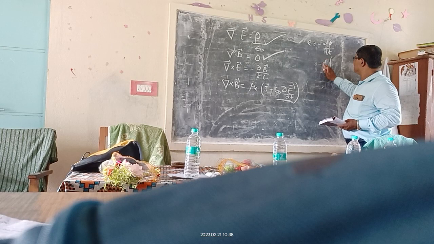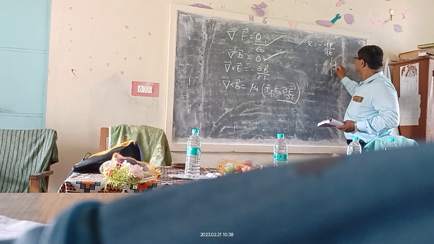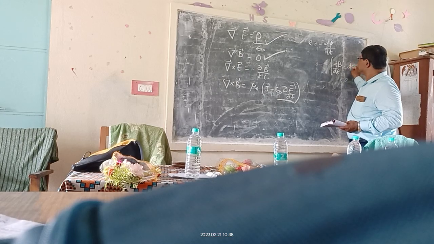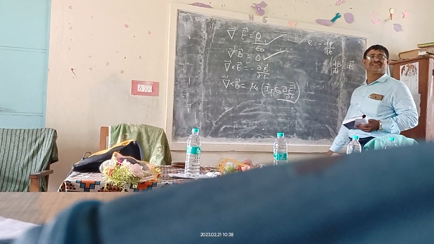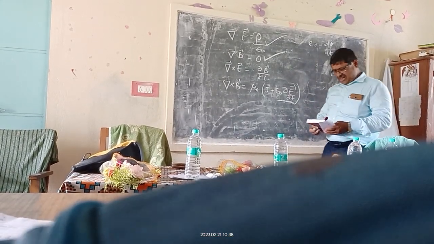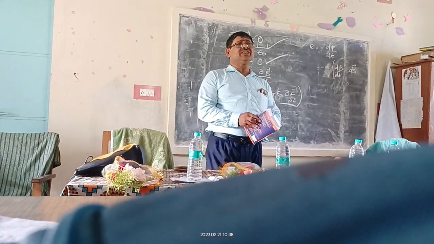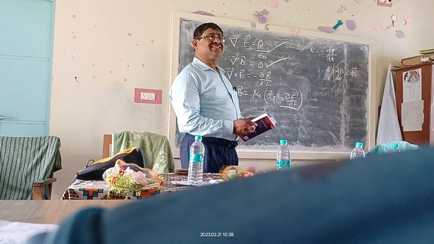integration of B dot ds, that is, d by dt of B into ds. And you know E can be written as dV by dt.